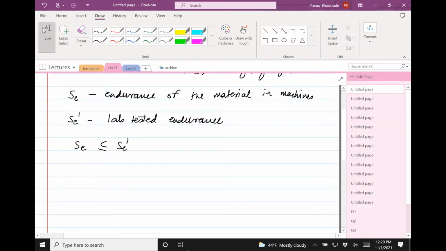And so there is a relation between SE, which is the endurance of the material in the machine, to SE prime through these modifying factors. There's one more KF, okay.